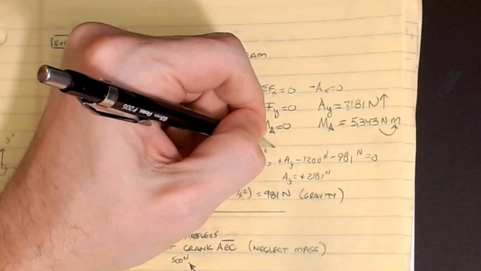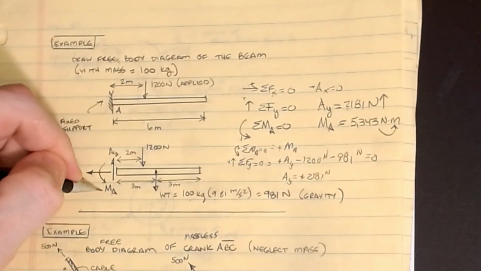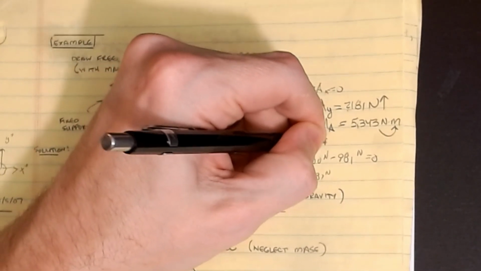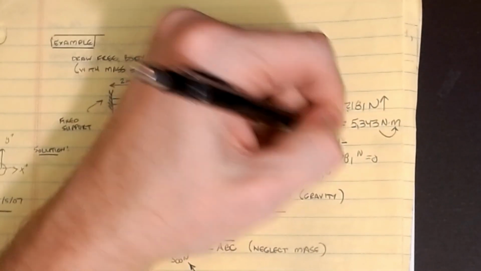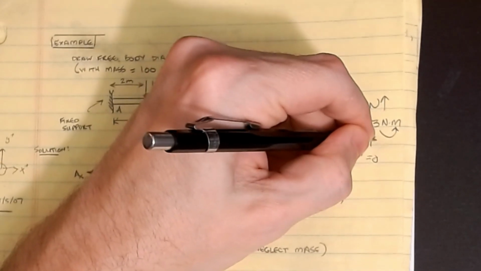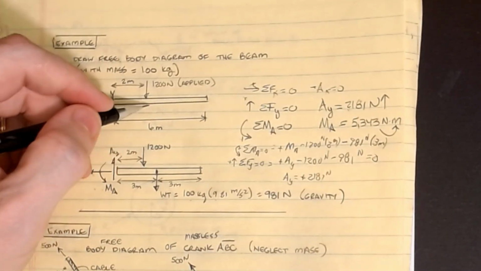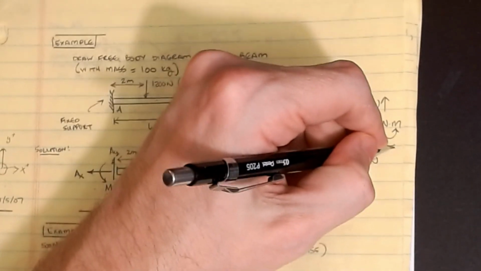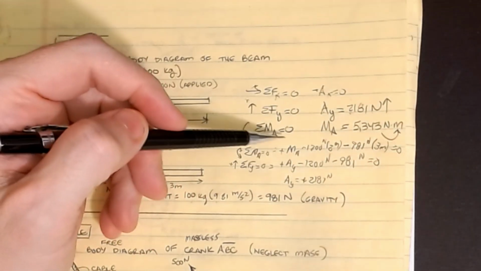And so I get what would be a positive MA, that's the positive moment applied here, minus 1200 times 2, that's newtons, this is meters, minus 981 newtons times 3 meters, because the beam itself is 6 meters long and we said the self-weight had to be acting in the middle of it. And then all of that is equal to 0. And so that would be the equation for a scalar version of this.